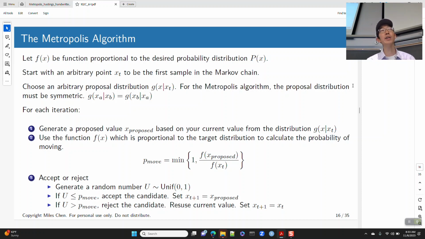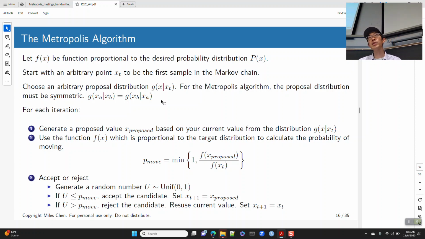And then we have a proposal distribution, okay? And the proposal distribution is going to generate a random value using your current value. So given your current value, we ask our proposal distribution to generate a random value, okay?